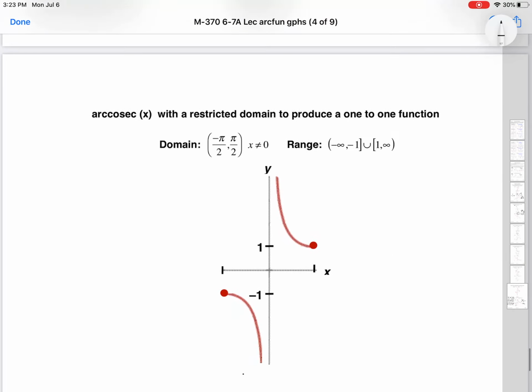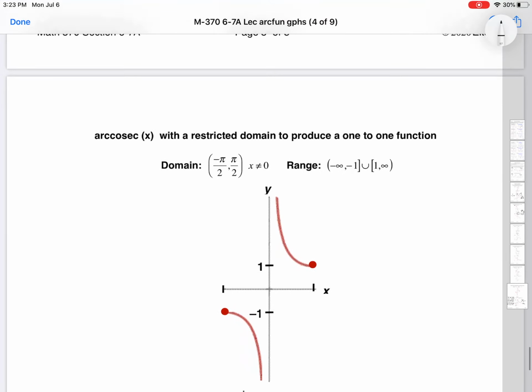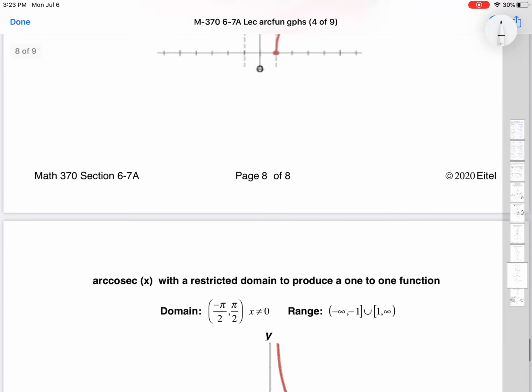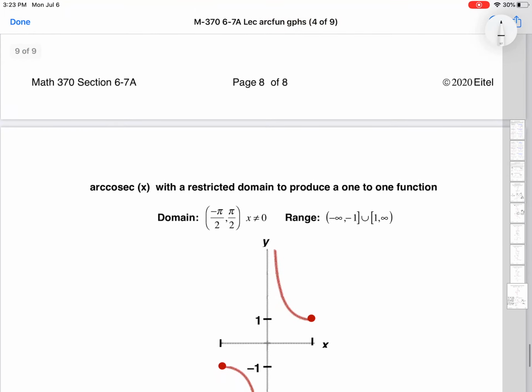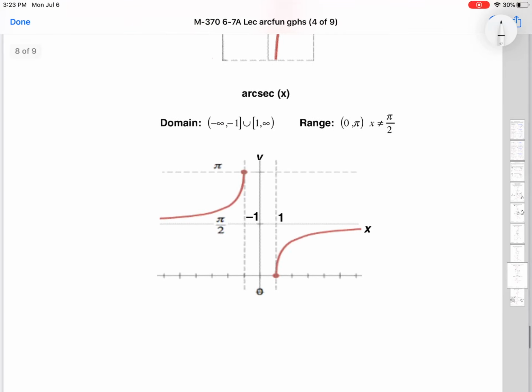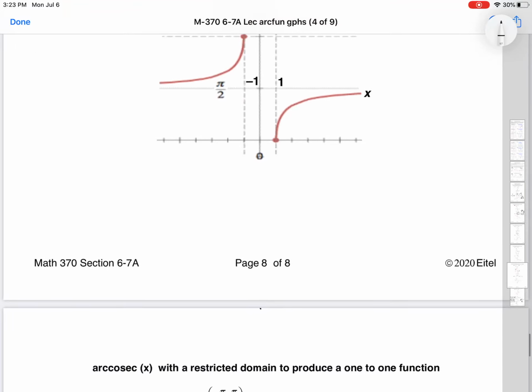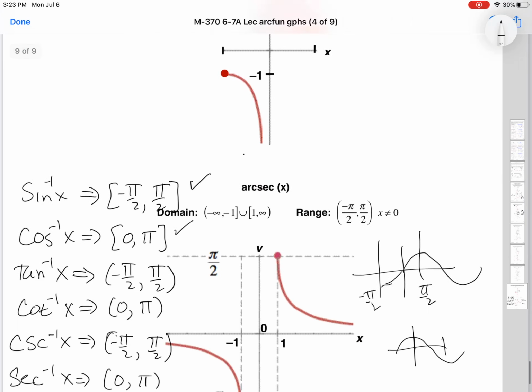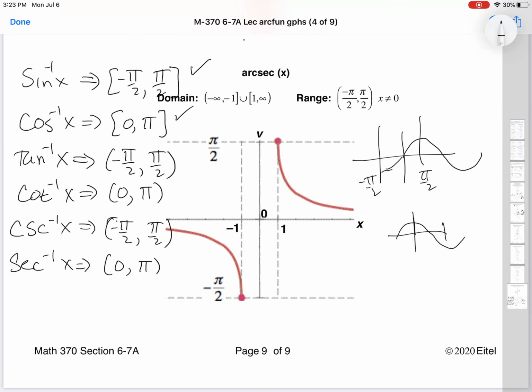And so we'll see that in the domain and range of the arc secant. 0 to pi, but you can't include pi over 2, because it's undefined at that point in the middle. And so we're getting the whole range of values coming out.